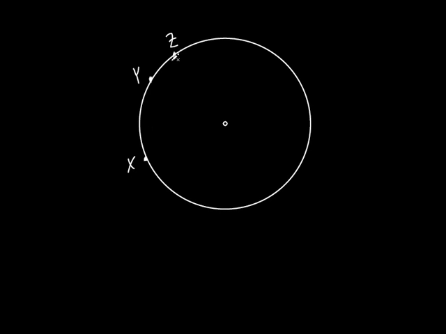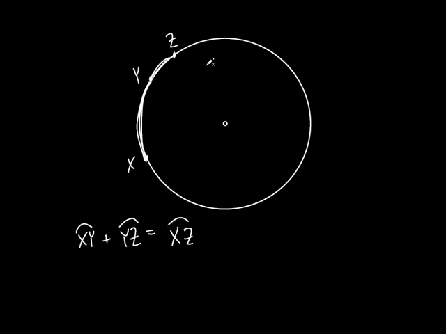It doesn't exactly say that in the book. It's a little more eloquent than I just said it, but it's basically saying this: if you had arc XY, that's this arc right there, I'll make it a little thicker, and you add it to the adjacent arc, which is YZ, it's going to equal the whole entire arc from X to Z. See how you have the Y in between both of these?